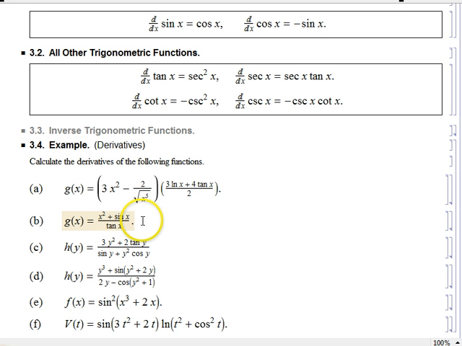How about the next problem? Looks like you'll have to use straight ahead quotient rule computation, so I'll just leave that to the students. Next one, C, will be a little bit more challenging because we have to use quotient rule, of course. However, pay particular attention to this part, y squared times cosine of y. When you do the derivative of the denominator, you'll have to consider this part as well, and that's going to be the product rule.